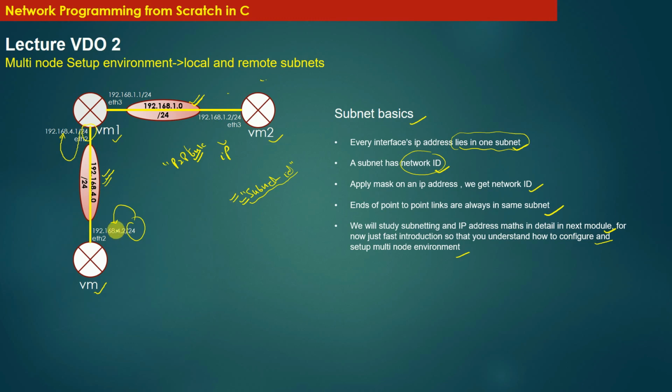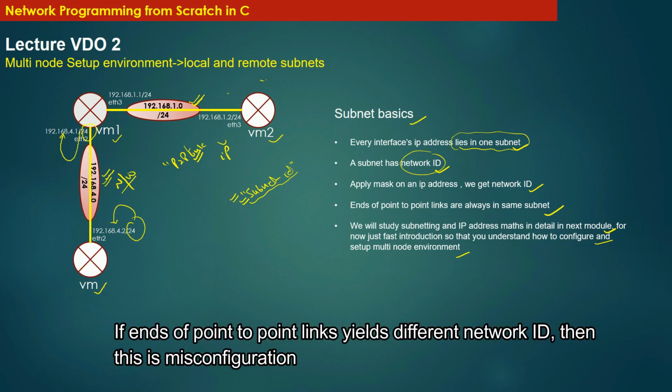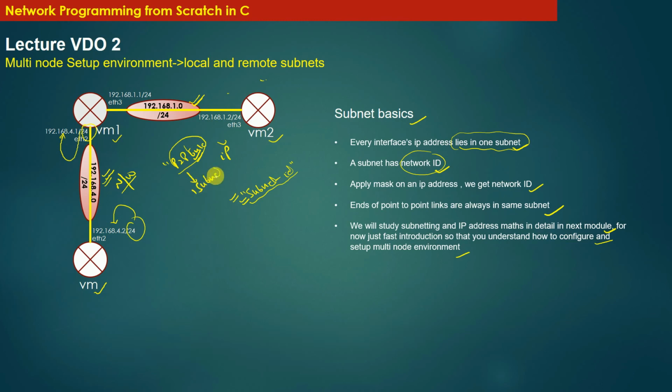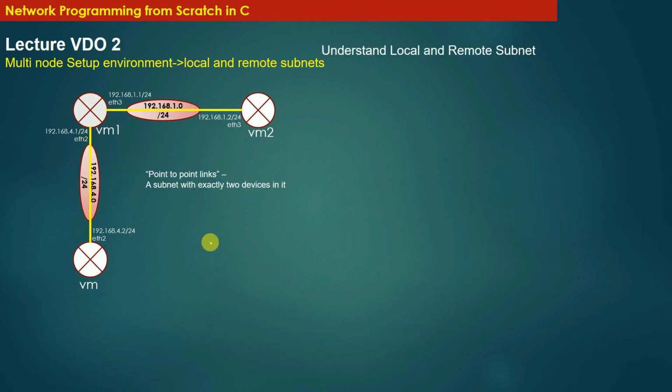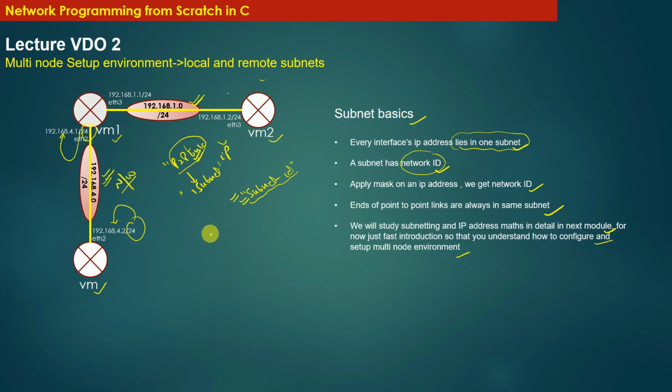So the ends of a point-to-point link always give you the same subnet ID, and that subnet ID becomes the network ID of that point-to-point link. Always remember, a point-to-point link forms one subnet. So this is all regarding subnetting on point-to-point links.